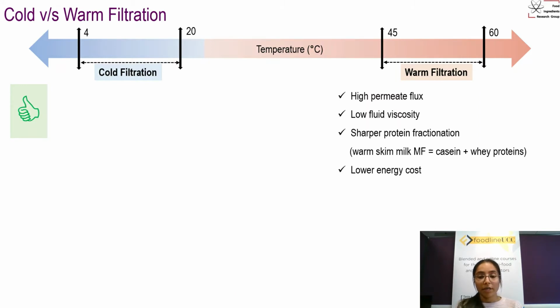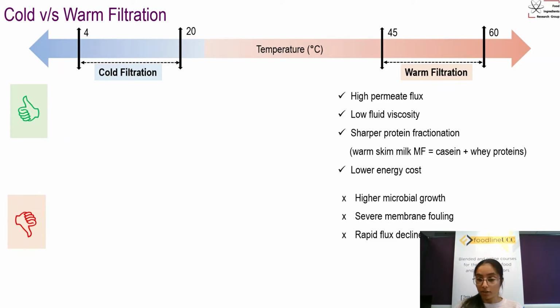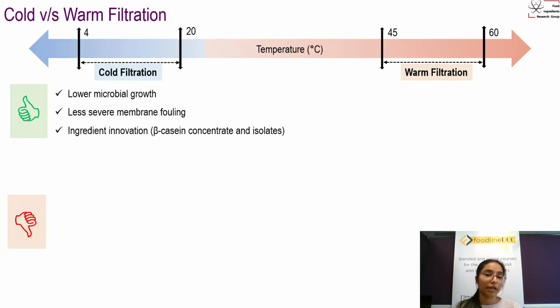However, there are also disadvantages or challenges associated with it, for example, higher microbial growth, severe membrane fouling, or very rapid flux decline. In cold filtration, the advantages are lower microbial growth, less severe membrane fouling, and it also offers an opportunity to develop innovative ingredients, for example, beta-casein concentrate and isolates.